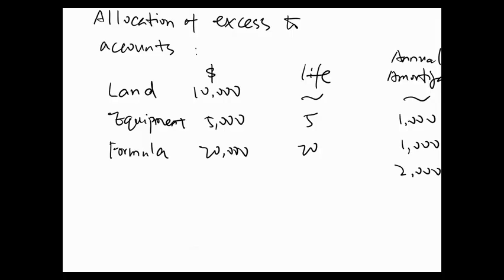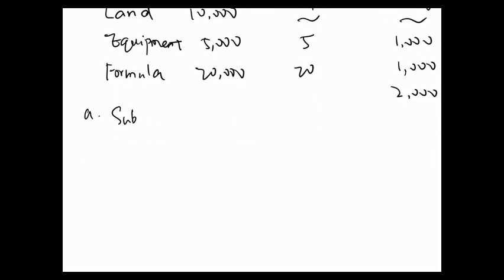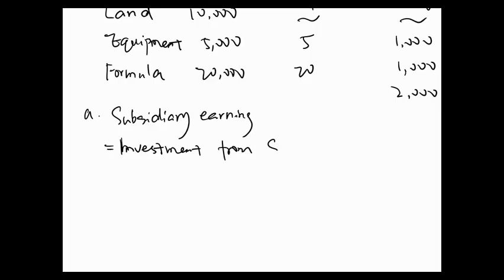And question A asks how they get the balance of subsidiary earnings. So this subsidiary earnings account also equals the investment income from subsidiary.